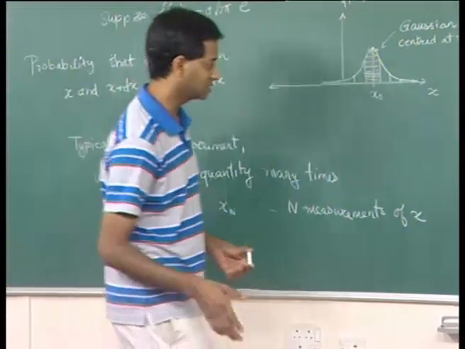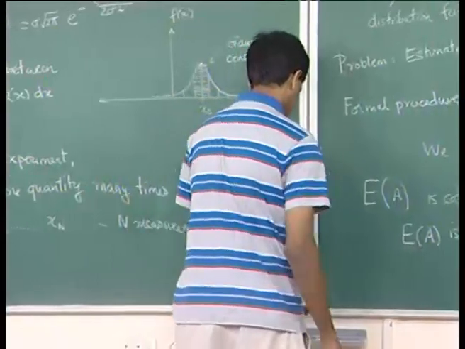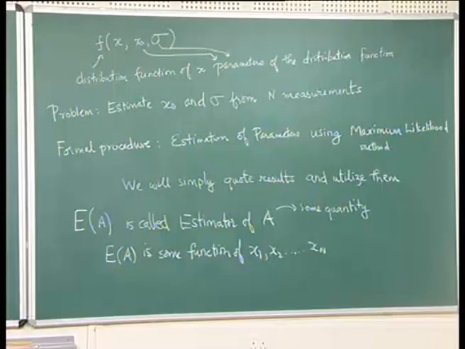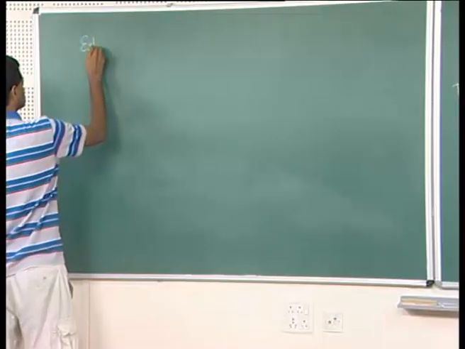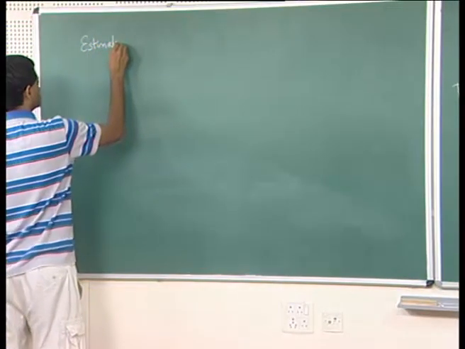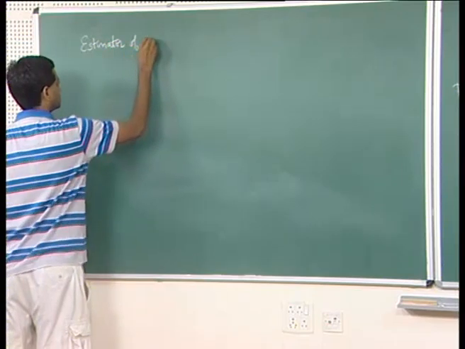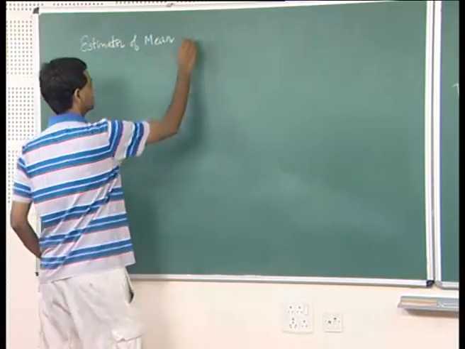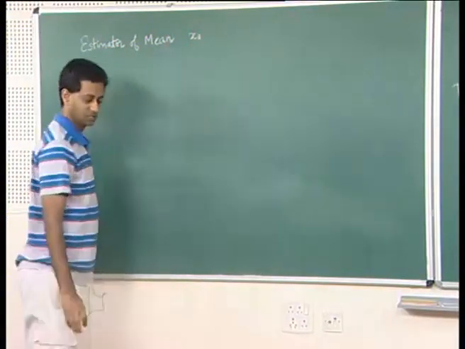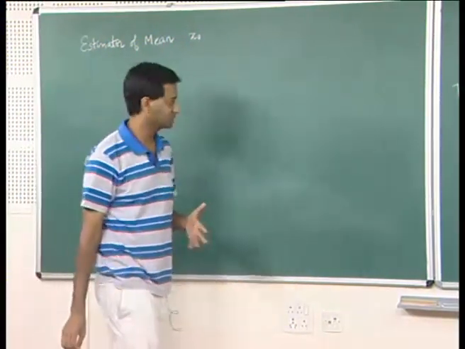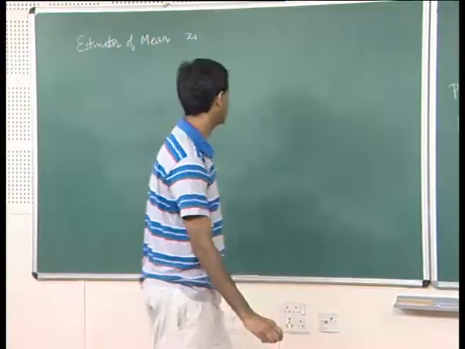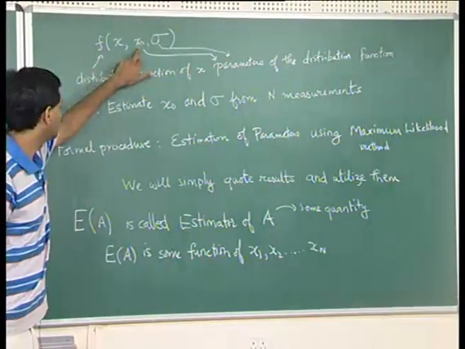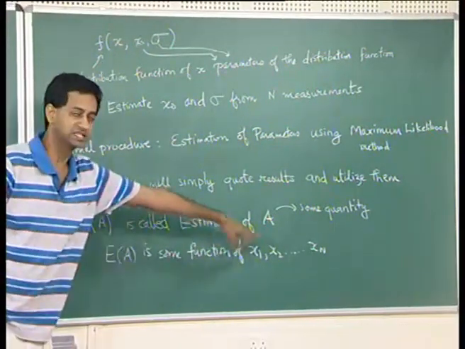So, let's go ahead and do some estimates. First estimate we will be doing is the mean. The first estimator we will be doing is the estimator of x0. So we want to estimate the value of x0 from all these measurements.